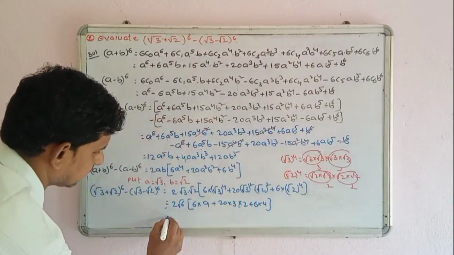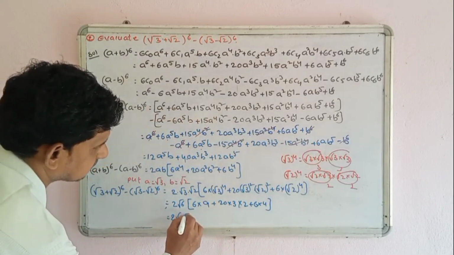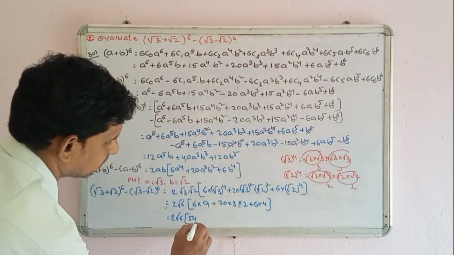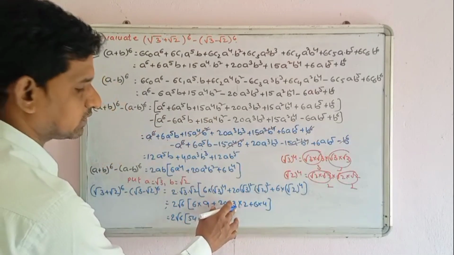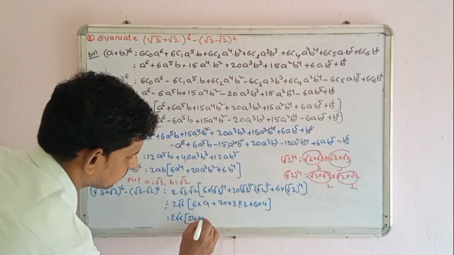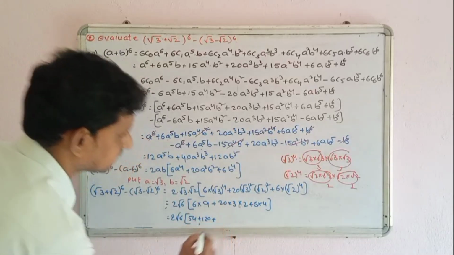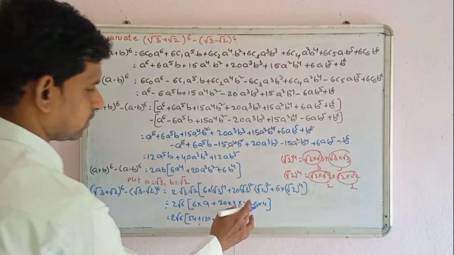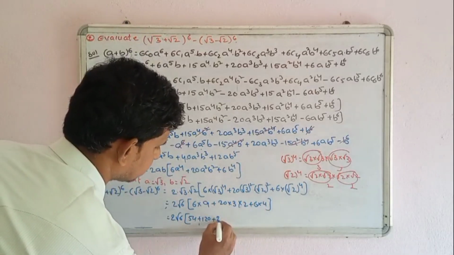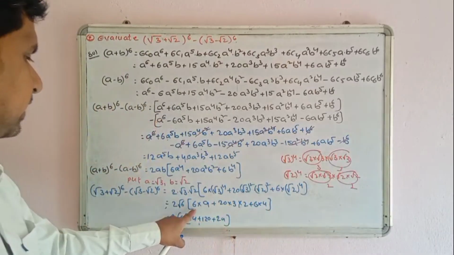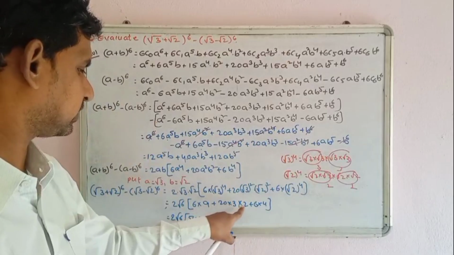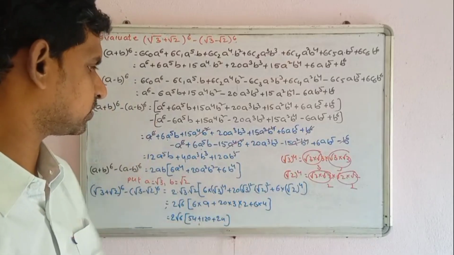Okay, so that equals 2 root 6 times: 6 times 9 is 54, 54 plus 20 times 3 times 2, which is 120, plus 6 times 4 is 24.